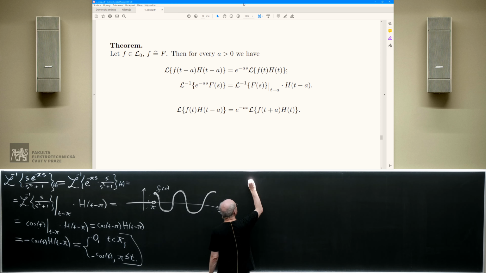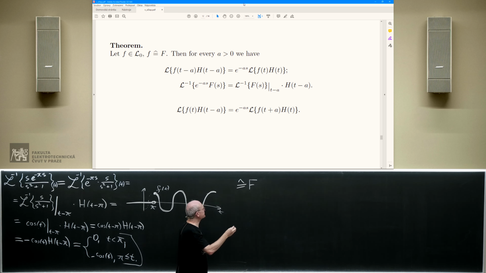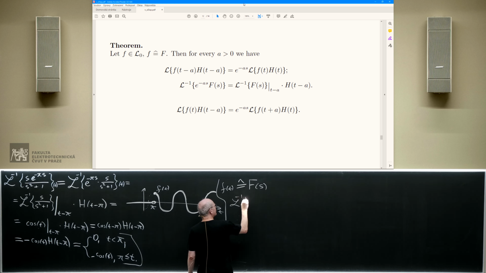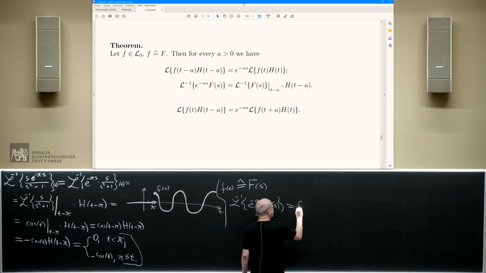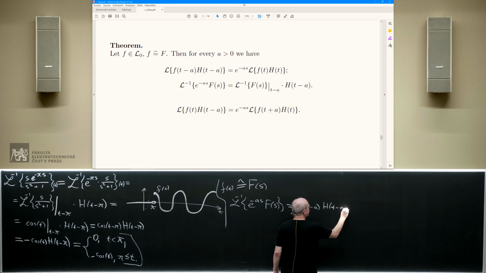So if I know that a function F is related via Laplace transform to function lowercase f, f(t), F(s), to emphasize it, then we can perhaps write that the inverse Laplace transform of e to the negative a s, F(s), is simply lowercase f(t minus a), Heaviside(t minus a).